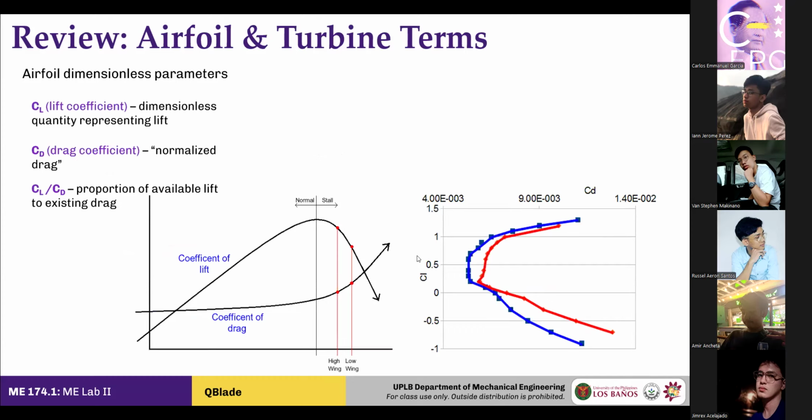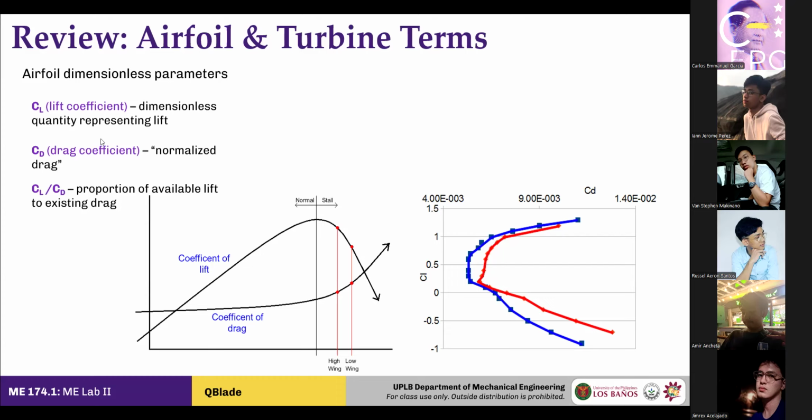Ngayon, for airfoils, ang pake natin sa airfoils would be the lift and drag coefficients. These are the normalized values to express yung amount of lift relative to the wind speed, or at least yung quote-unquote force ng wind habang sumasampa siya sa aircraft.